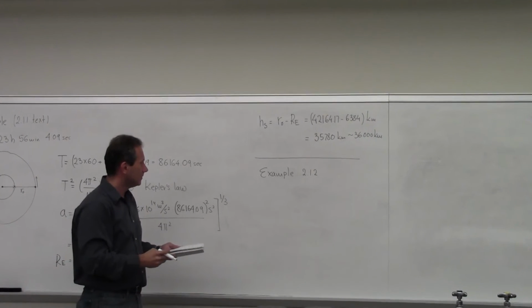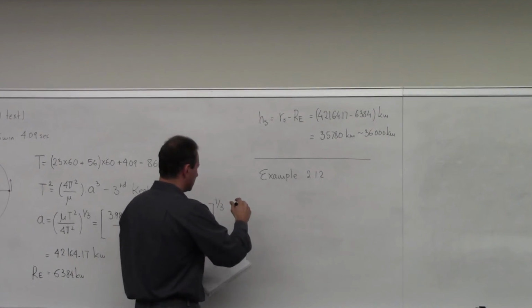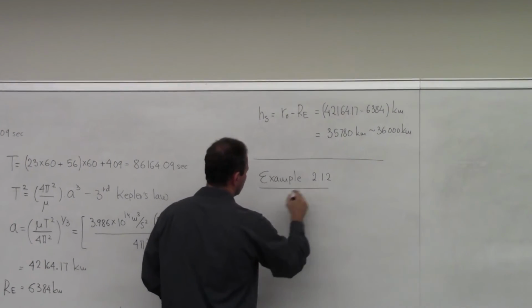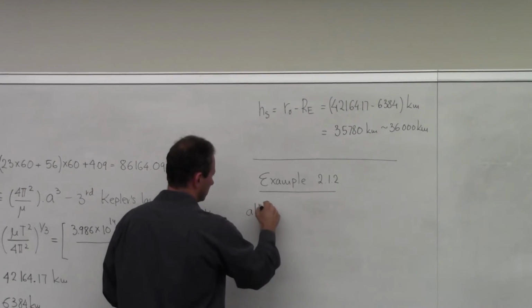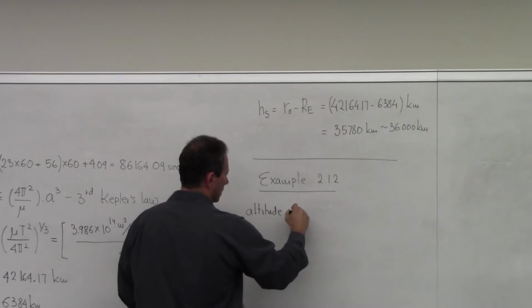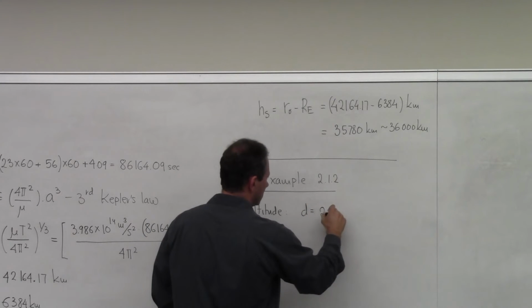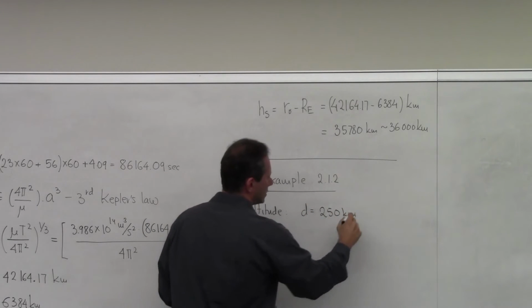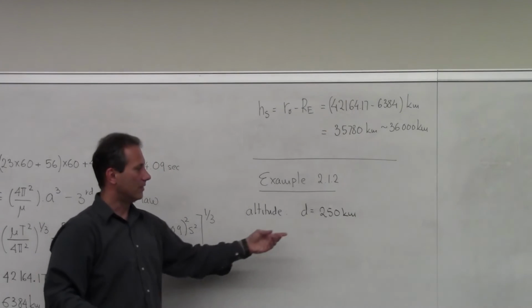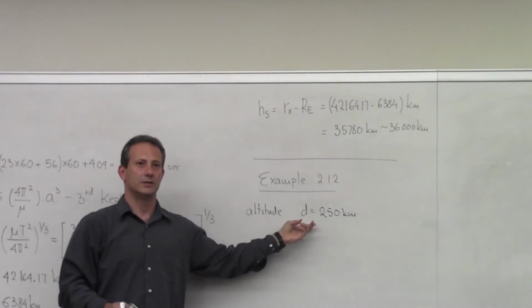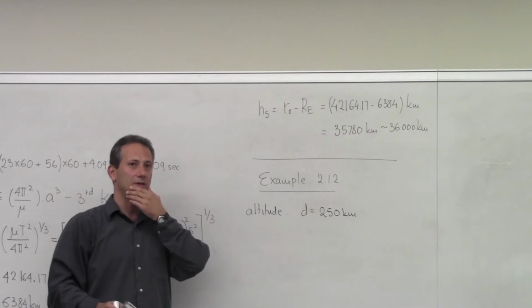So here's what we assume, that the altitude, which I call here D, is 250 kilometers. So you can see this satellite is very, very close to the ground, right? It is in a low orbit.